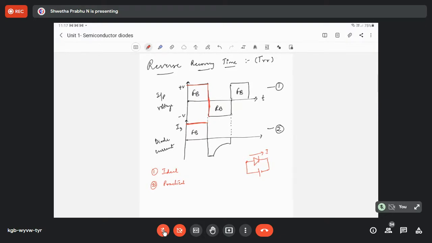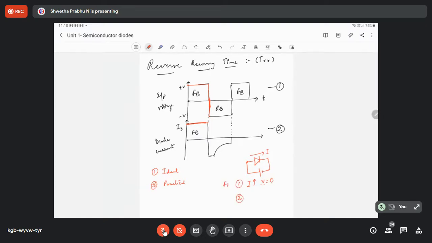When the diode is forward biased, we get a high forward current. Current is maximum for lower values of voltage, or voltage I will take as 0 for the ideal case. Practically, we will take lower values of voltage, whereas for the ideal case, it is 0.